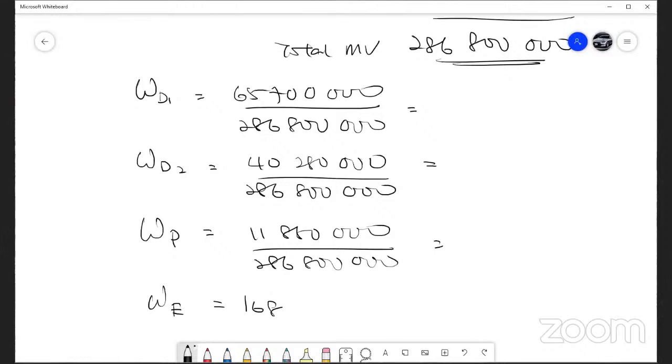Sorry, 169 million. Okay, so calculate the weightage first. Get the weightage for every one of these, then we'll count the cost.